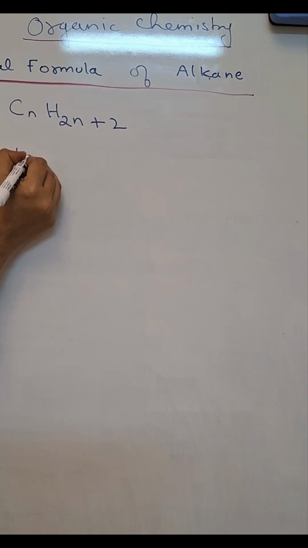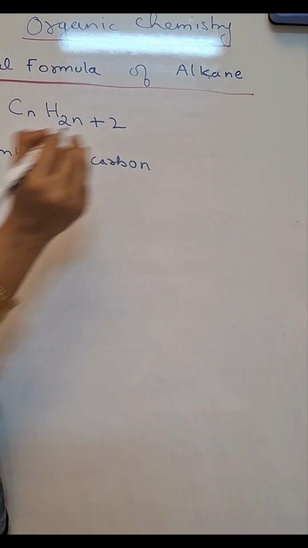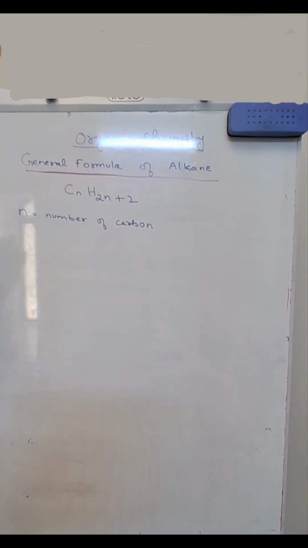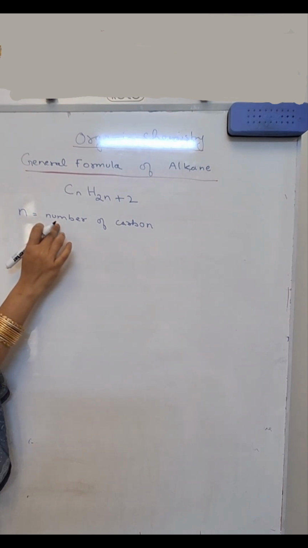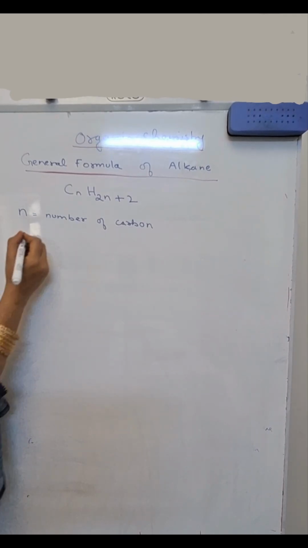Now what is n? n here is the number of carbon. As I told you, an alkane hydrocarbon is made up of only hydrogen and carbon. So n will tell us how many carbons are present in that particular alkane. Now how will we calculate the number of hydrogen?